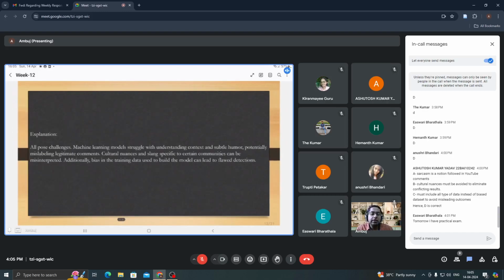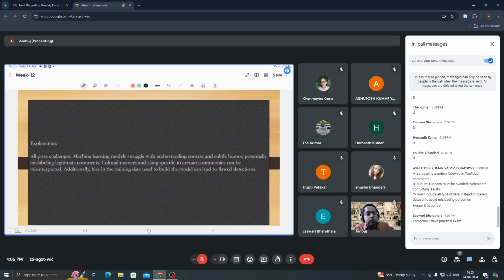Both challenges: machine learning models struggle with understanding context and subtle humor, potentially mislabeling legitimate comments. Now, if you have any idea regarding this, think in this manner. You are a student of this course.